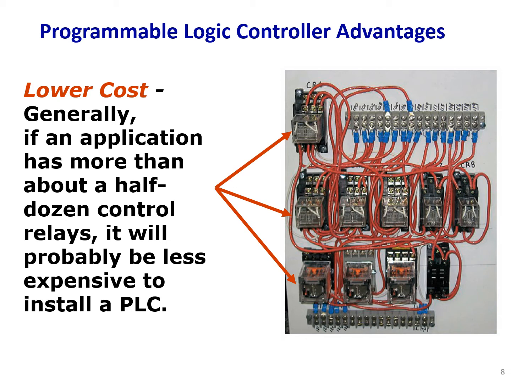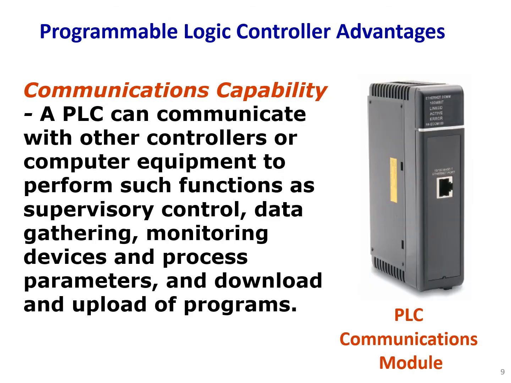Okay, so if we have in one application more than 6 relays, it's just cheaper to have a PLC replace all those relays. Still, relays are common in industrial applications, but they are good when we usually have less than 6 relays.